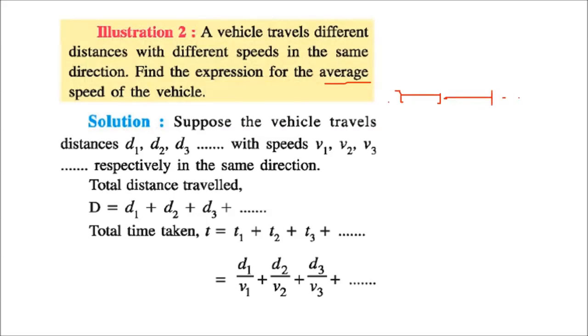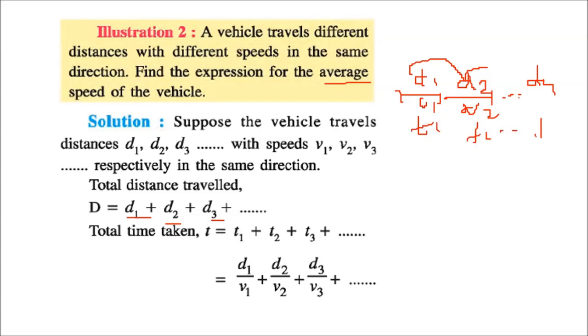The speed it maintained at first d1 is v1, d2 is v2, like this it goes on and on. Now what will be the total distance? d1 plus d2 till dn. We don't know the number of distances, so we go up to dn. Total time here t1, here t2, till time tn.